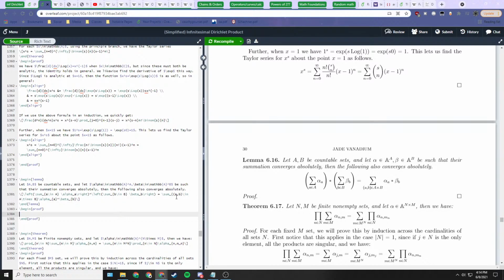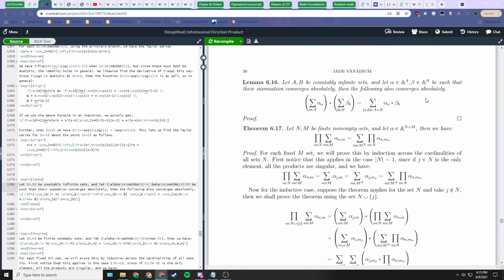Okay, let's try this. So in order to prove this, we want to say that we can do this. So we want these to be absolutely summable.